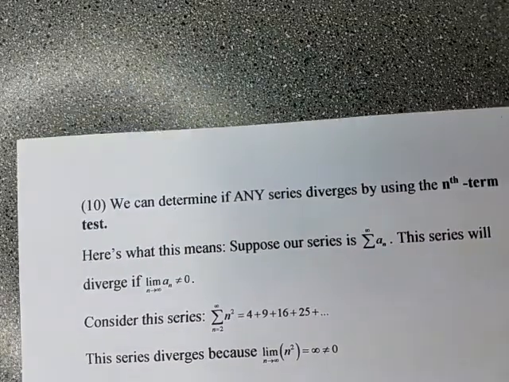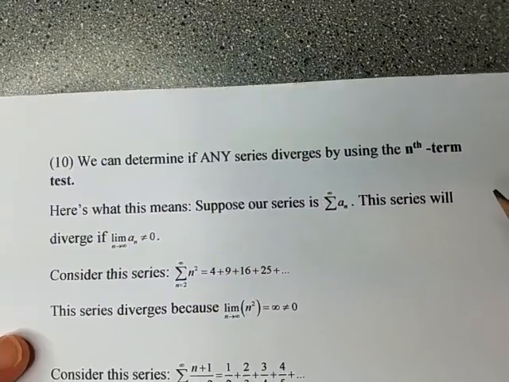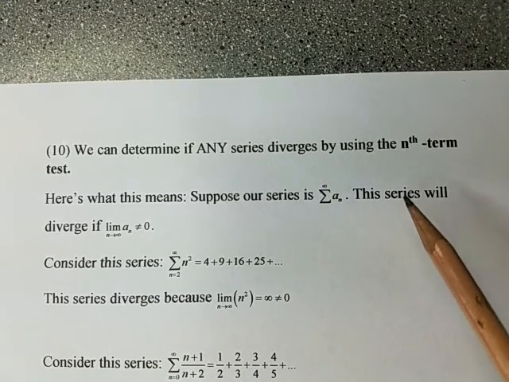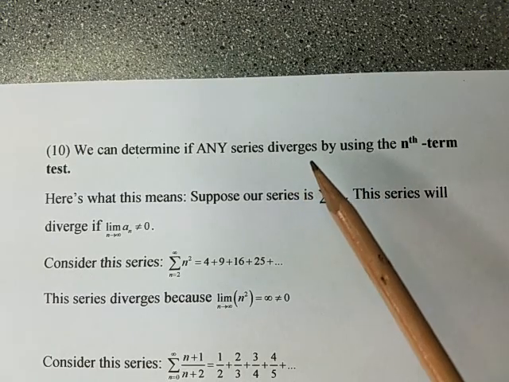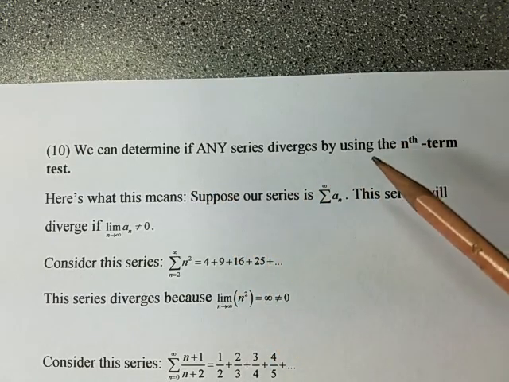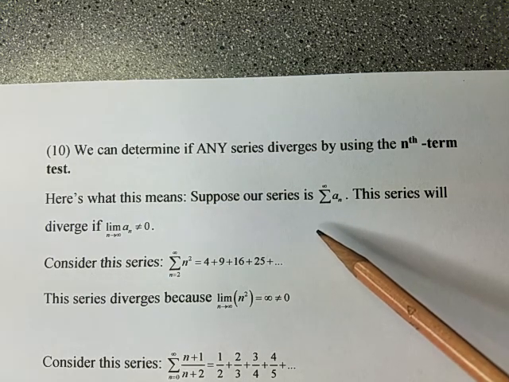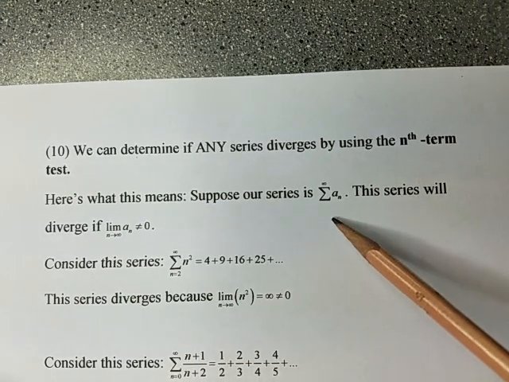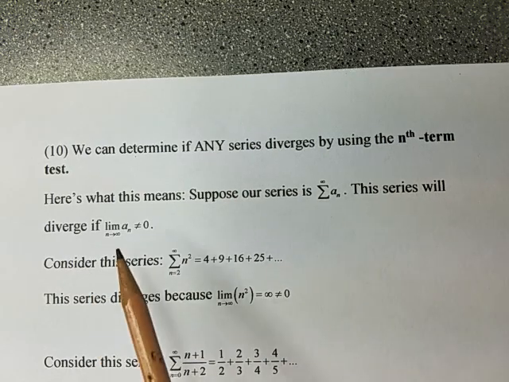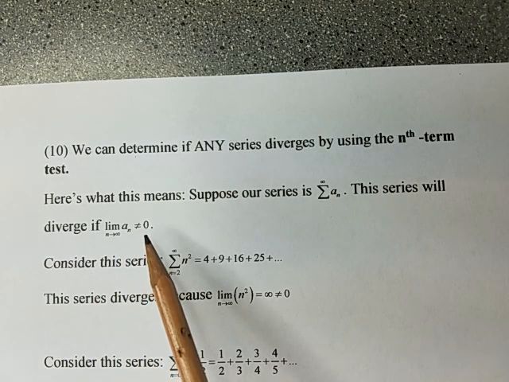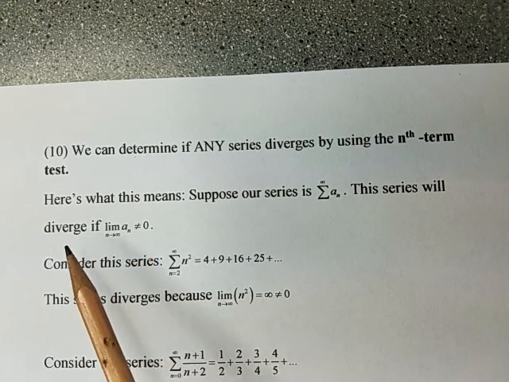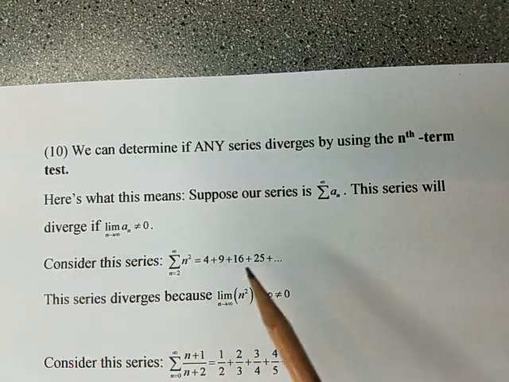Let's see here. We can determine if any series diverges using the nth term test, okay? And it's actually pretty simple. Here's all it means. You take a series, if you calculate this limit and it's not 0, then the series will diverge. That's it, okay?